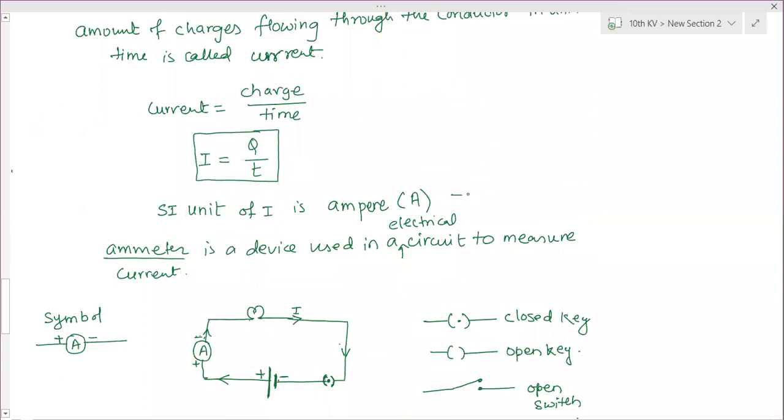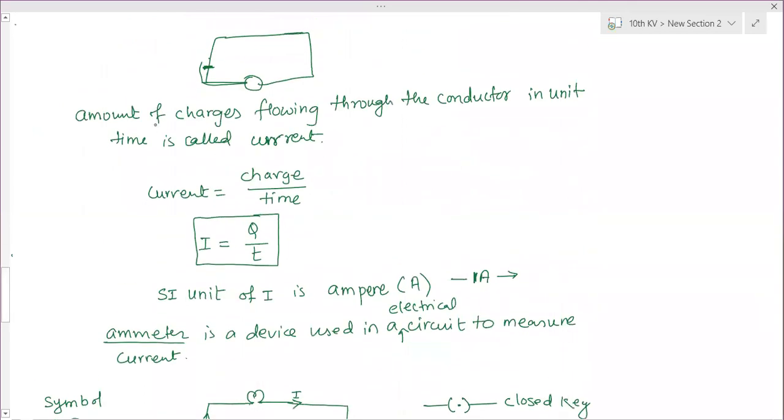Here, the definition of 1 ampere. What is the definition of current? The amount of charge flowing through the conductor in unit time is called current. Then what is 1 ampere of current?